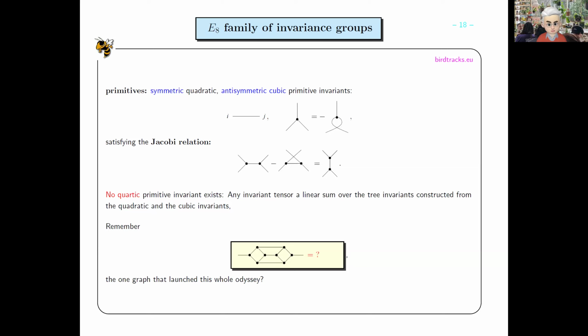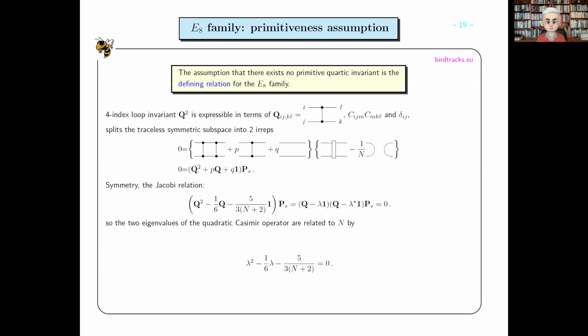Well, it turns out if you say there is no primitive invariant, meaning a dot with 4 lines coming into it that's irreducible, I can do it. You think of this diagram as a matrix that takes 2 gluons and sticks them into 2 other gluons. So it acts on the 2 gluon space.